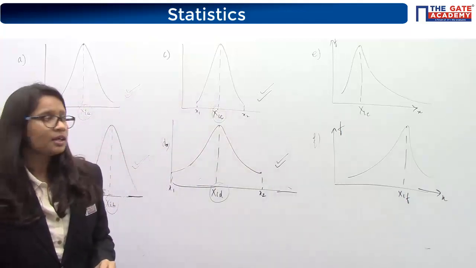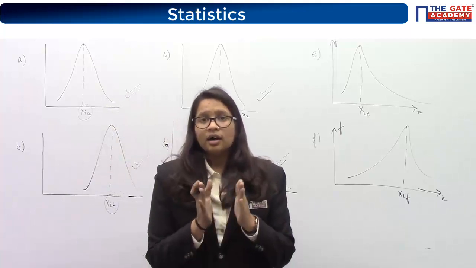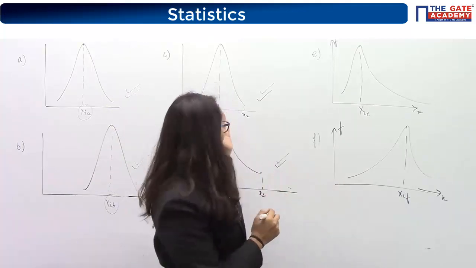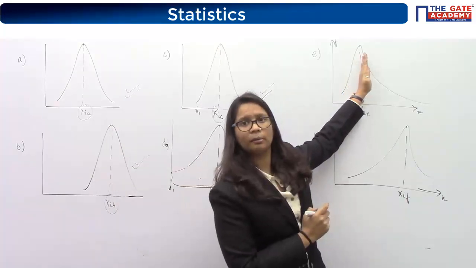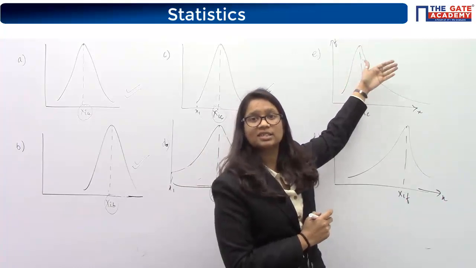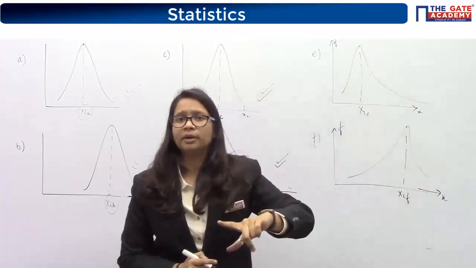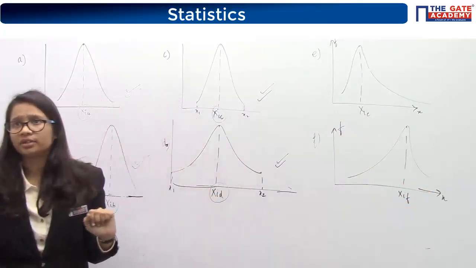Measures of skewness denote the amount of asymmetry present in your graph. You can see that this graph is symmetrical about this line, while this graph is not symmetrical about any line. So there is an asymmetry in the graph, and that asymmetry is denoted by the measures of skewness.